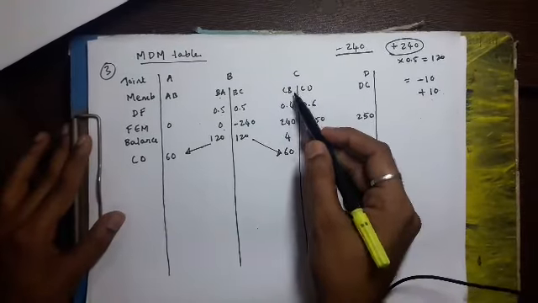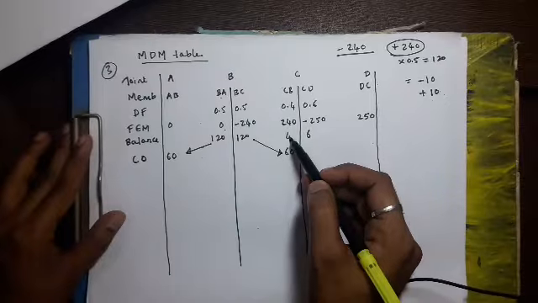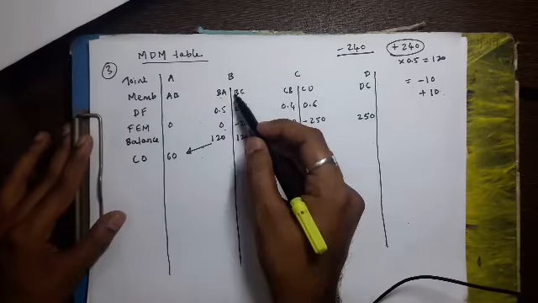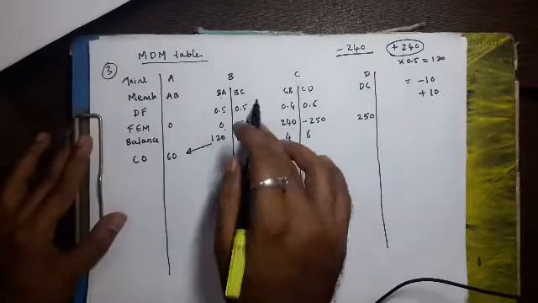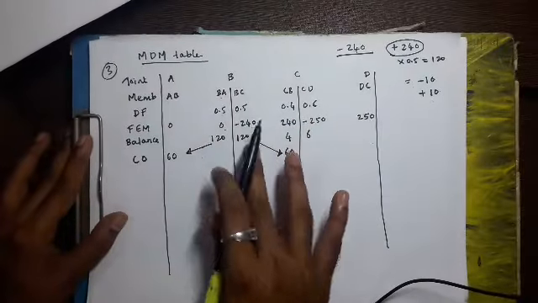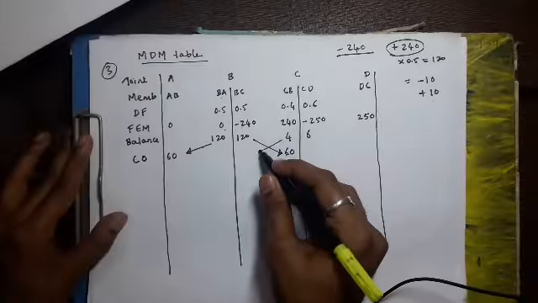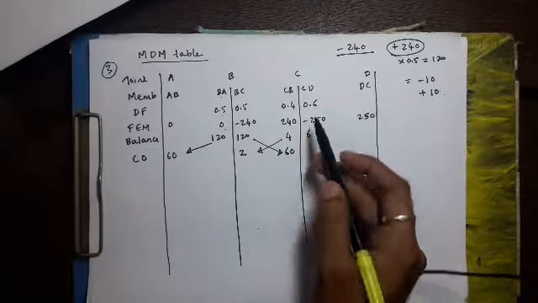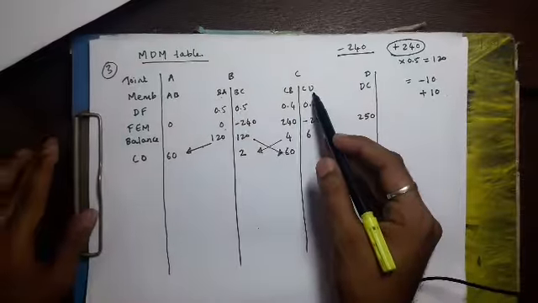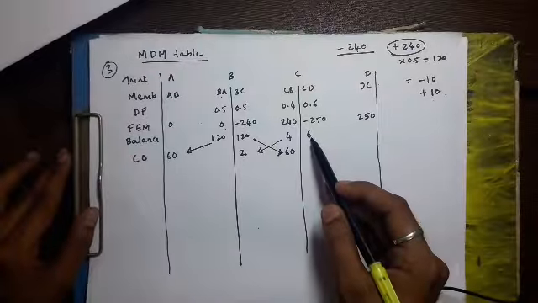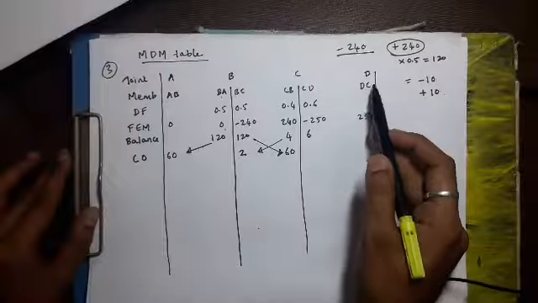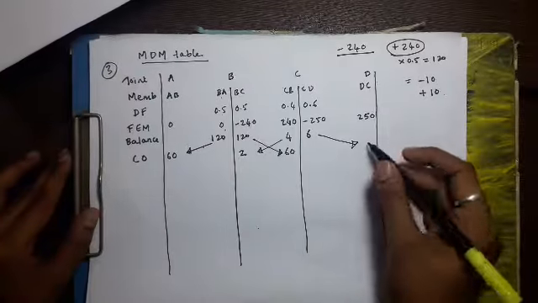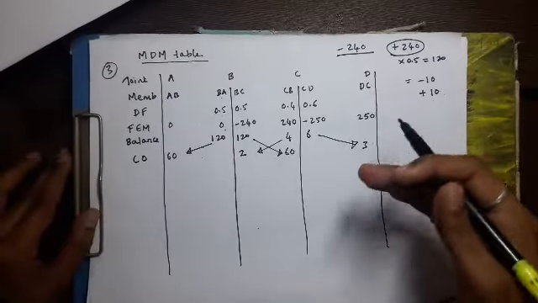Again at CB you have applied 4 kilonewton meter, and the far end is BC, again an intermediate support treated as fixed, so here you will get 2 kilonewton meter. At CD you have applied 6 kilonewton meter and the far end is DC, so half of the moment is transferred to the far end because the far end is fixed.